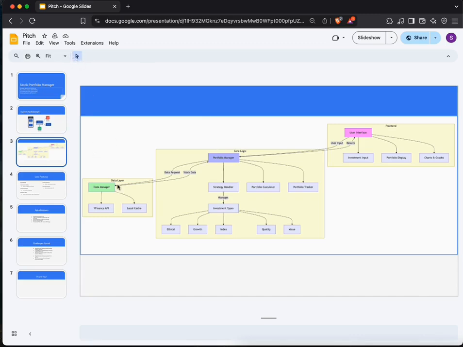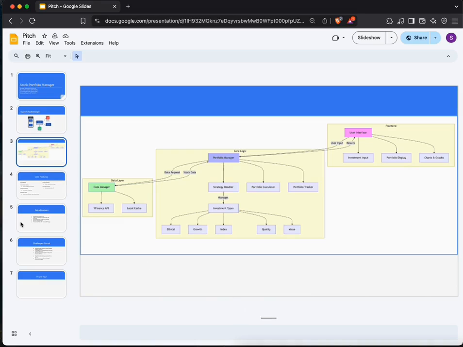It supports 5 investment types: ethical, growth, index, quality, and value, giving users flexibility. On the right, the front end receives user input and displays results using 3 tabs: investment input, portfolio display, and charts and graphs. This modular architecture promotes maintainability and enables potential future features like predictive modeling or multi-user accounts.